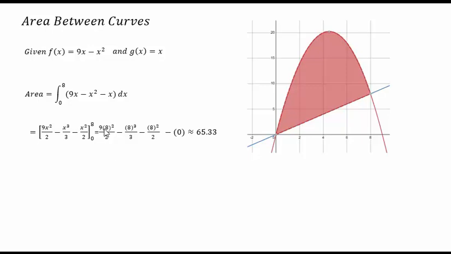So first we plug in 8, and then when you plug in 0, everything goes to 0. So the final form of this one is 65.33 approximately. Or you can write the exact answer, which is 65 1/3.